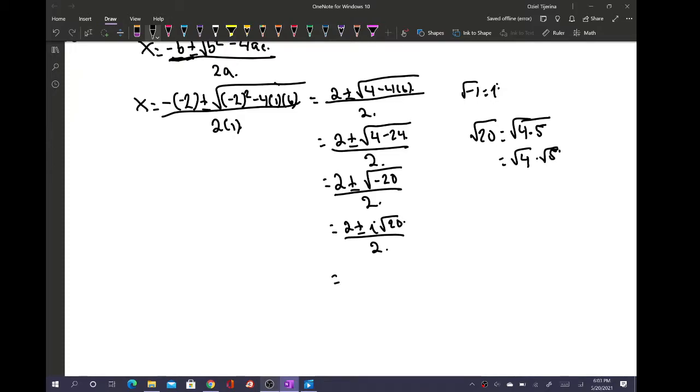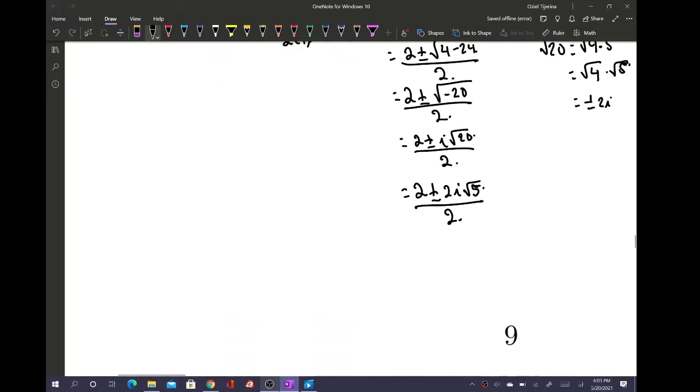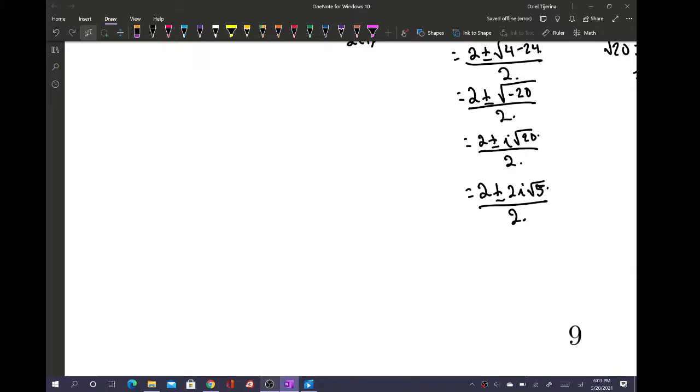So we get that this is equal to 2 plus or minus 2i square root 5 over 2. And we can factor out the 2. So we have 2 times the quantity 1 plus or minus i square root 5 all over 2. And this will be 1 plus or minus i square root 5.